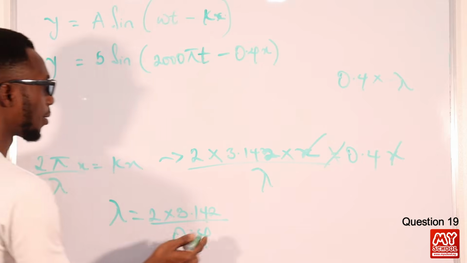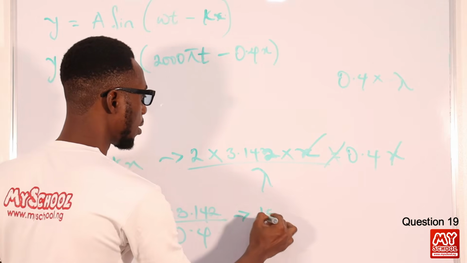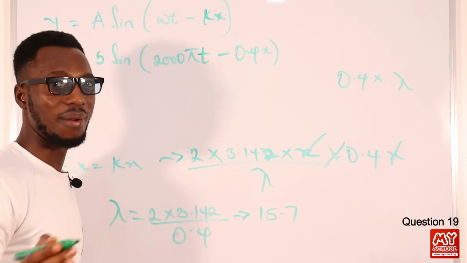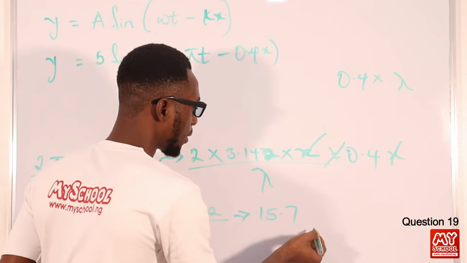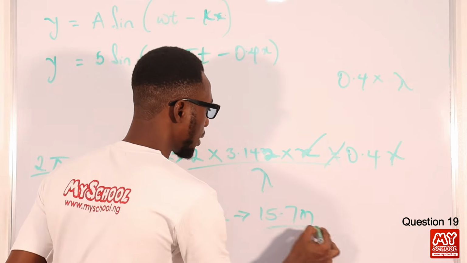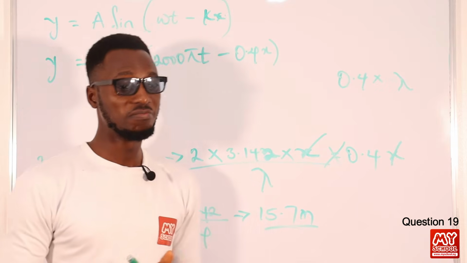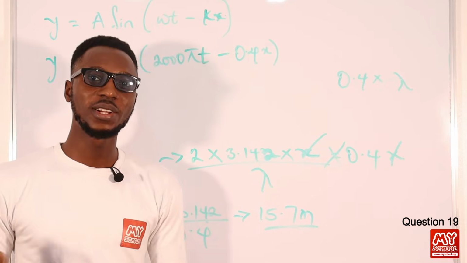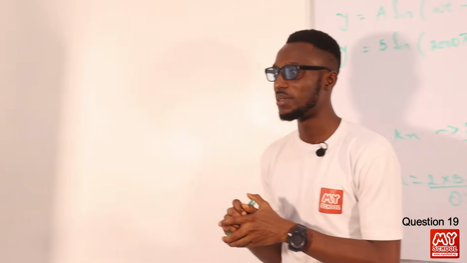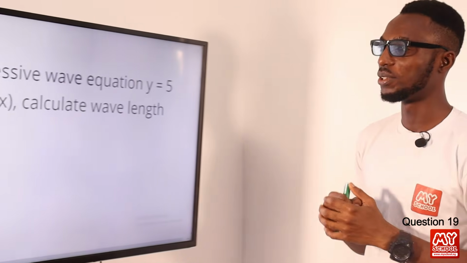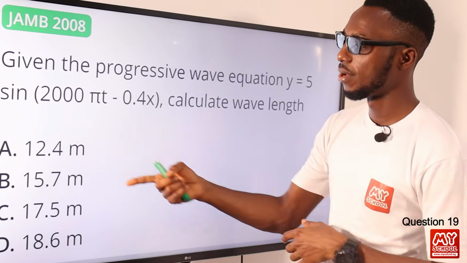By the time I carry out this, I should have 15.71 thereabouts, so roughly 15.7. Remember wavelength is measured in meters. So this should be the closest that we should get as our correct solution. So let's go back to the screen to select the right option. We have a confirmation, option B.